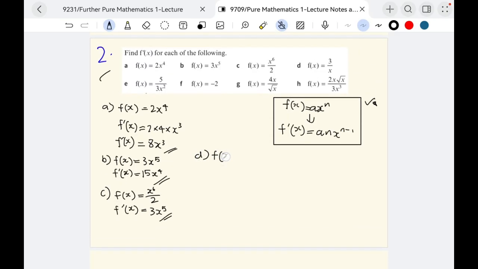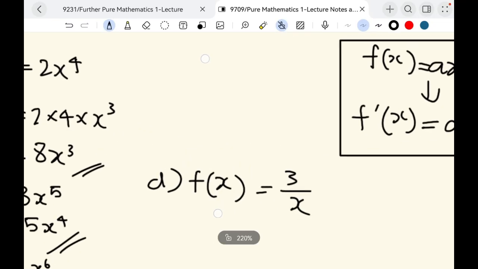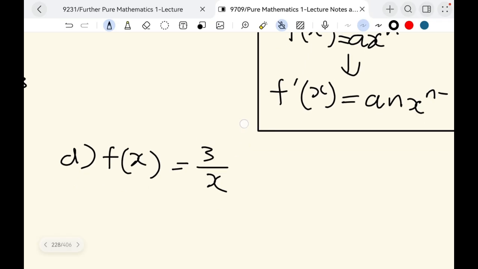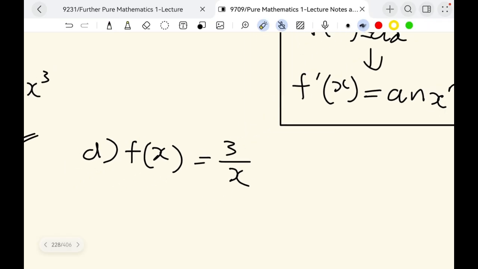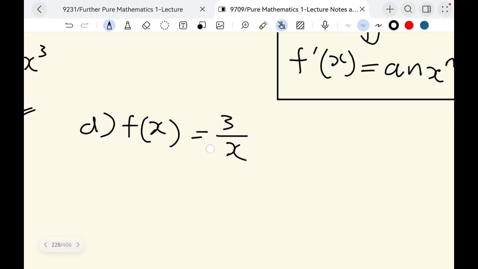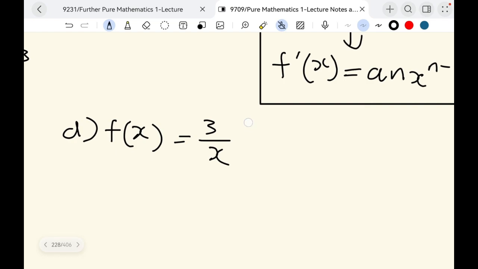Okay, D. D is 3 over x. No worries, okay? In the AS syllabus, the question won't ask you to find the integration of 1 over x. No. But differentiation, yes, because it's very easy for you.